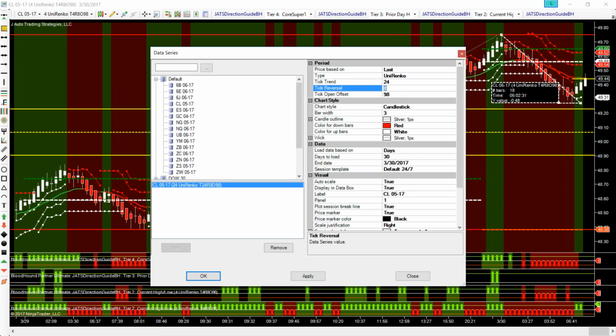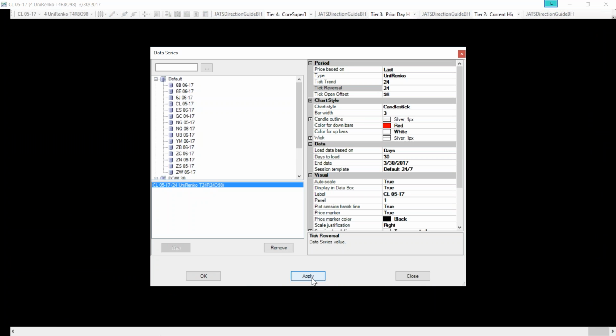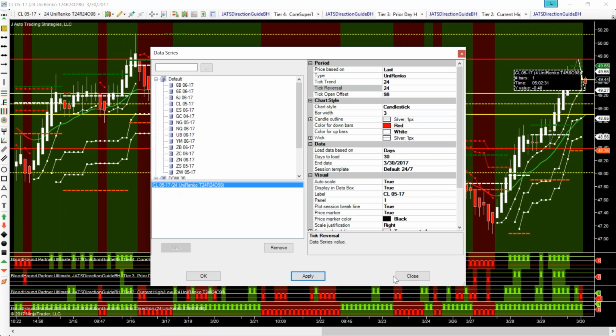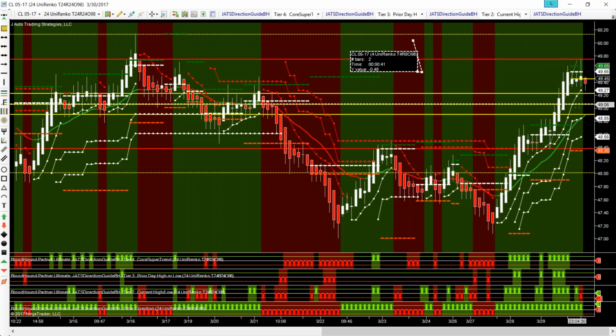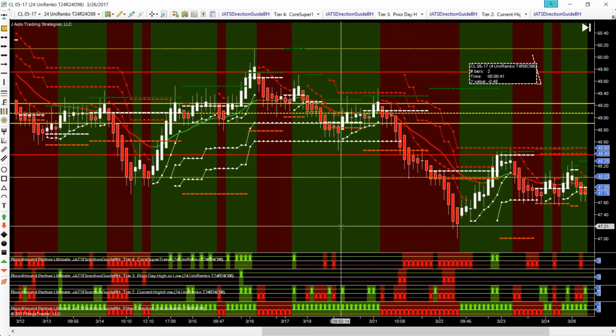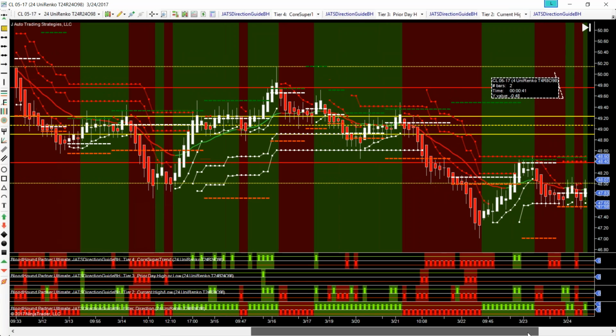So you can do a 24-24, for instance, and get a bigger picture of what this move might look like on a middle candle. And so that's what that looks like, and you can see that we're still in this long trend. So on the long trend, we're still going up despite this short-term pullback of the current high-low. But that is an important pivot, and I will show you that in just a second.